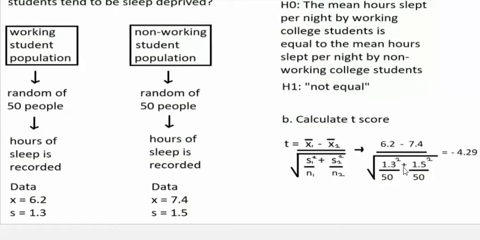Then take the square root and you'll get just a number on the bottom of the fraction, on the bottom of the t-score. Then subtract on top, and then after that you'll have a fraction, and then divide the top by the bottom and you'll get the t-score. And our t-score comes out to negative 4.29.